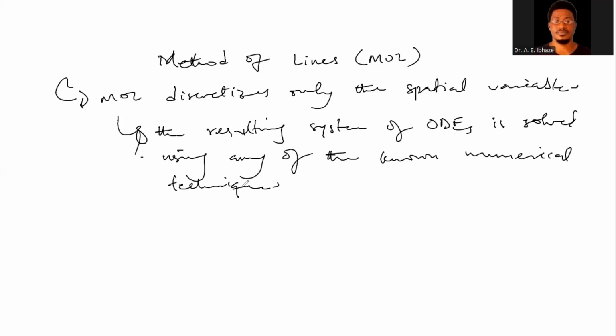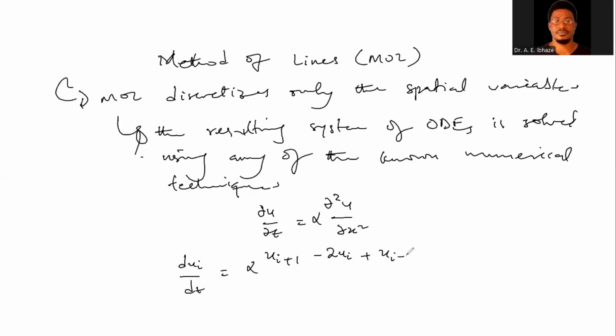So for instance, if we should attempt to discretize the heat equation, we have du/dt being the same as alpha d squared u/dx squared, for instance. So if we use finite difference approximation, then we have du sub i/dt being the same as alpha times (u sub i+1 minus 2 u sub i plus u sub i-1) over h squared.